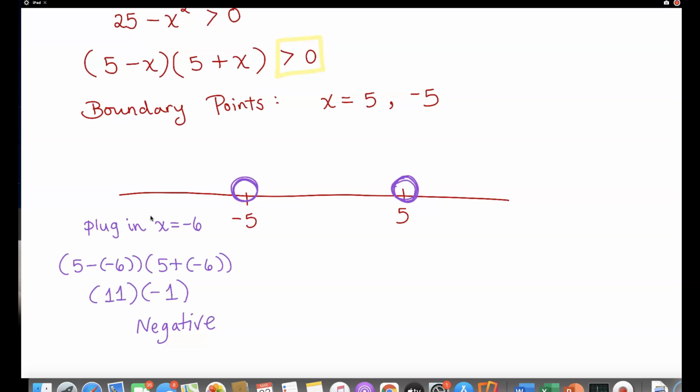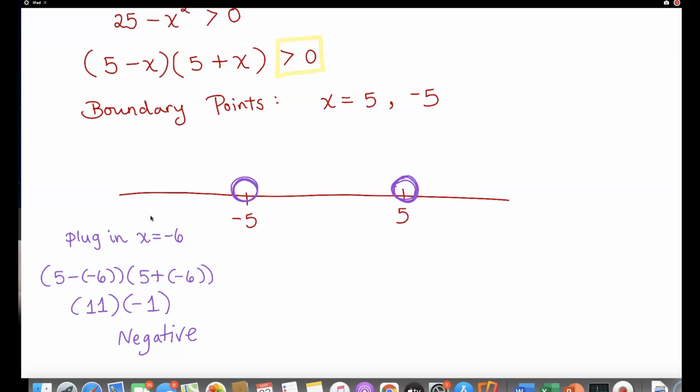Now let's pick another value that's in between negative 5 and 5. I'm going to go ahead and plug in 0 because 0 is in between negative 5 and positive 5. So if I plug in x equals 0, I will get 5 minus 0 times 5 plus 0, which is 5 times 5, and that is positive, isn't it?